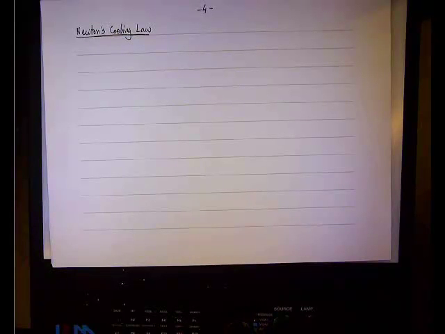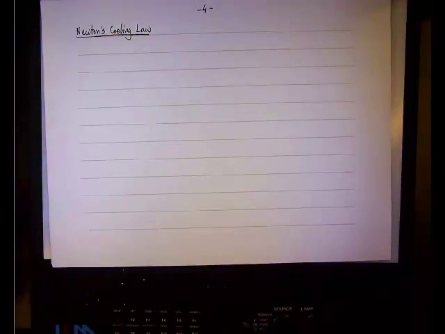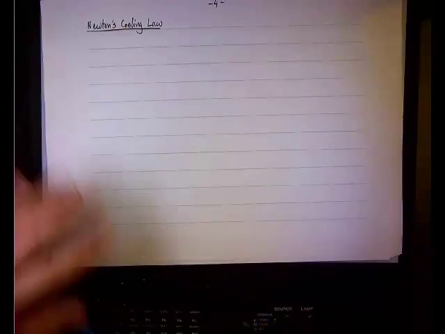So, Newton's cooling law. Newton observed that the cooling rate of an object is proportional to delta T, which is the temperature difference relative to the ambient, the temperature of the environment.